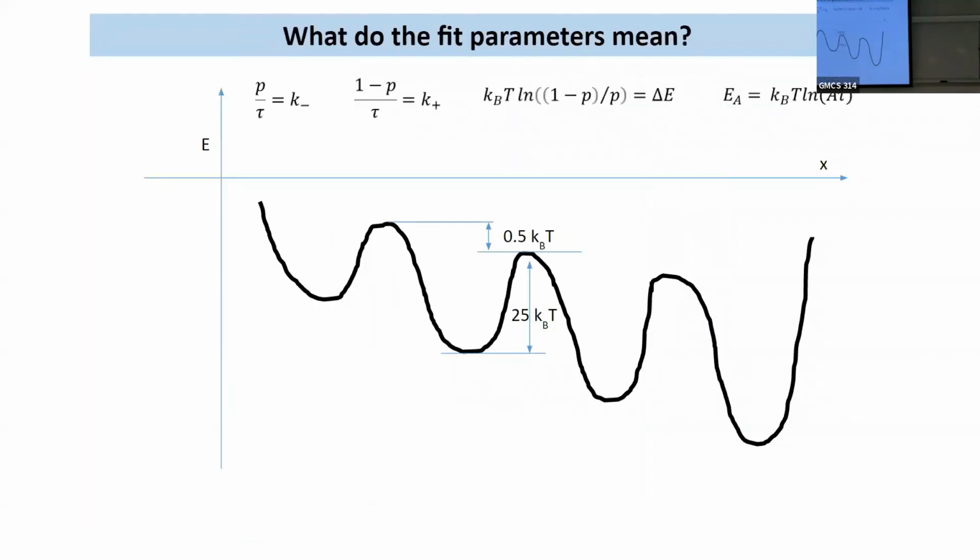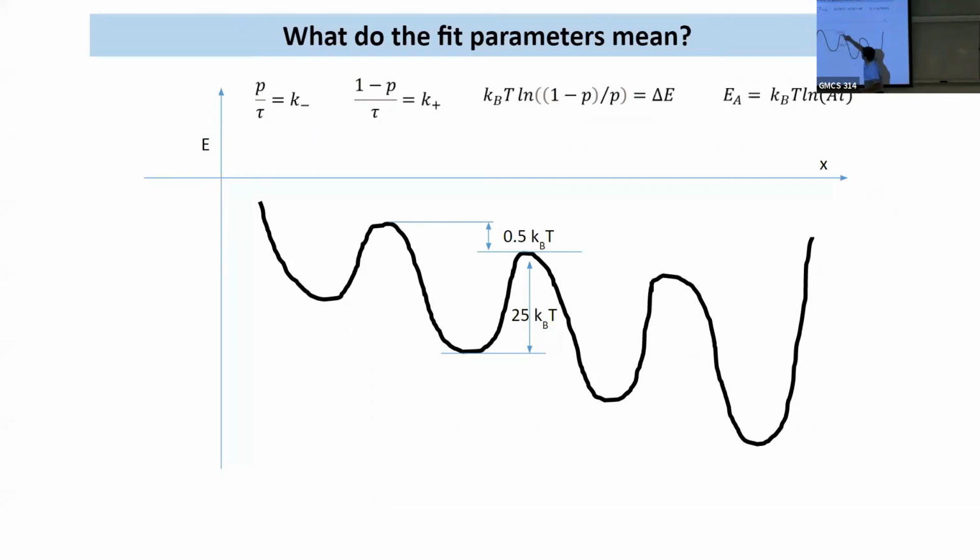And you can also say what these parameters actually mean. I have a probability of going back or going forward, and a waiting time, and I can say what is the rate at which it goes to the back state, and what is the rate at which it goes to the forward state. What is the difference in the height of the energy barriers? That's half a kT.